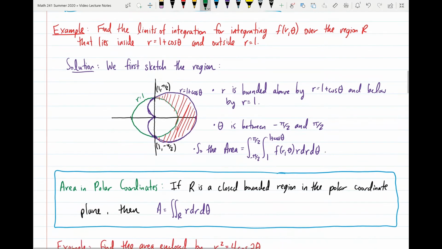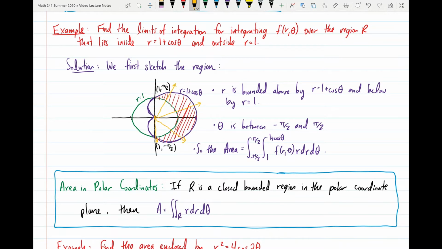So r is bounded above by our function r equals 1 plus cosine theta, and below by r equals 1. So you can think about that as if we start at the origin and we start drawing rays out from here, notice that the ray is always passing through r equals 1 first and then exiting through r equals 1 plus cosine theta.